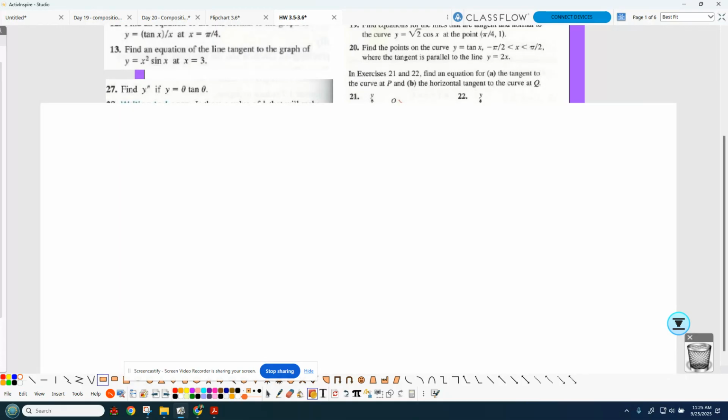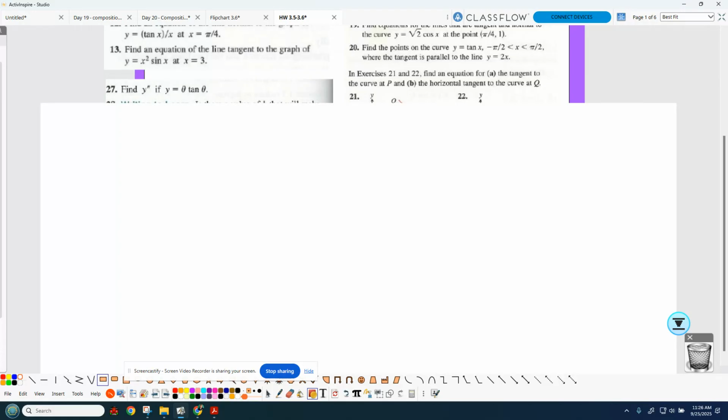The derivative of this product: first times the derivative of the second, plus second times the derivative of the first.